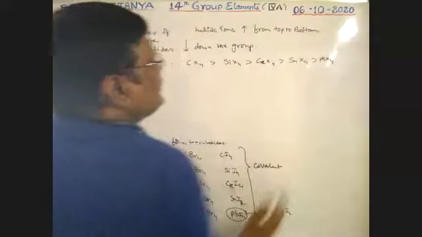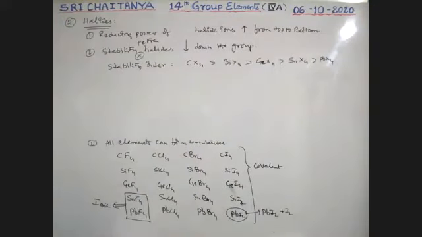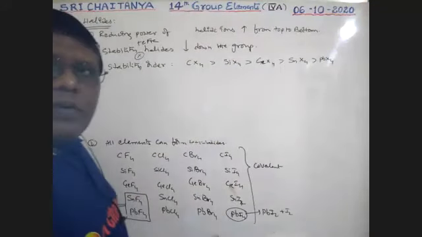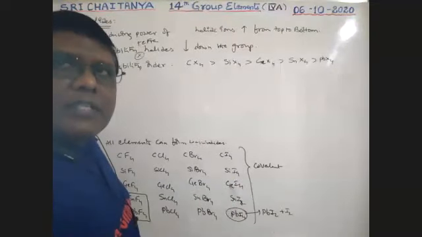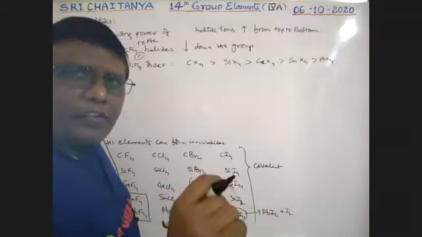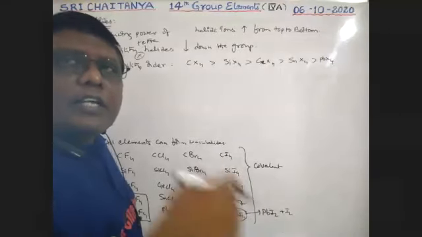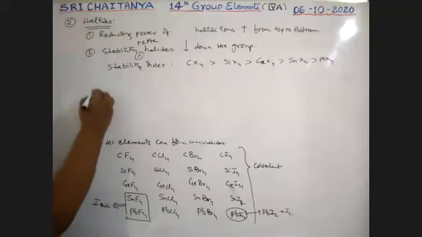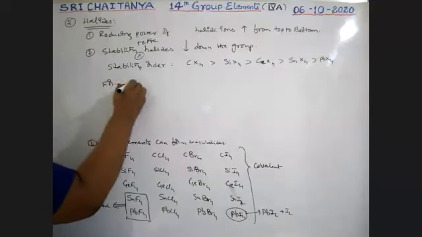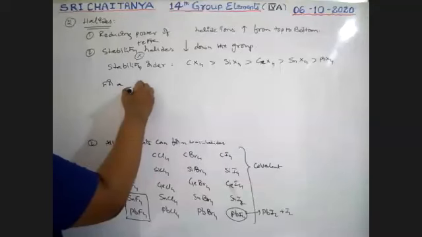And this is the order of stability, boys. So for a particular element, different halides are there. Fluorides are more stable than chlorides, and chlorides are more stable than bromides, for a particular element.